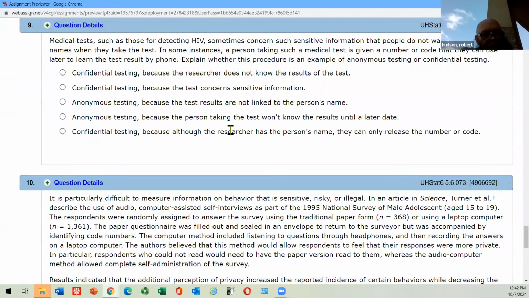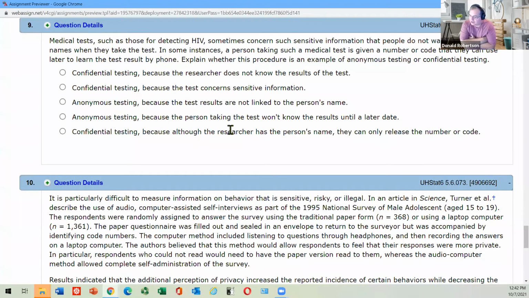This one I like. Medical tests, such as those for detecting HIV, sometimes concern very sensitive information that people do not want to give their names for. In some instances, a person taking such a medical test is given a number or a code so that they can get the results.